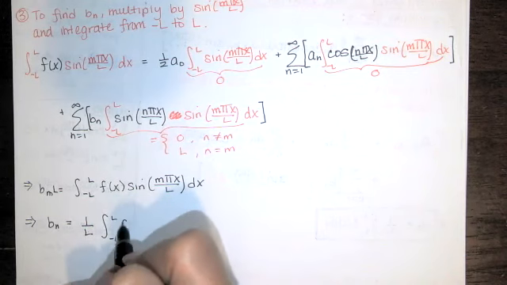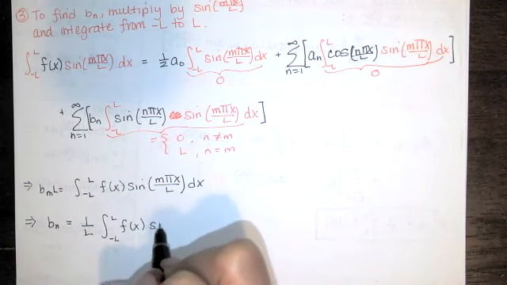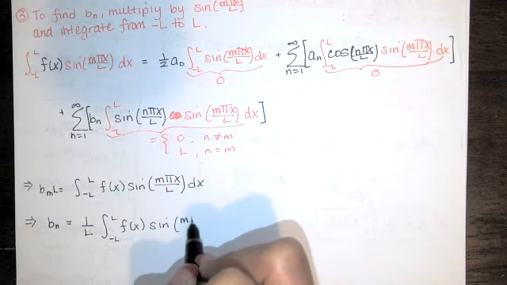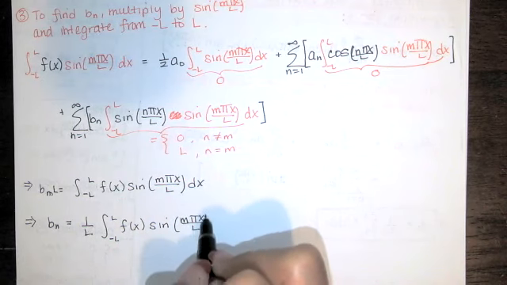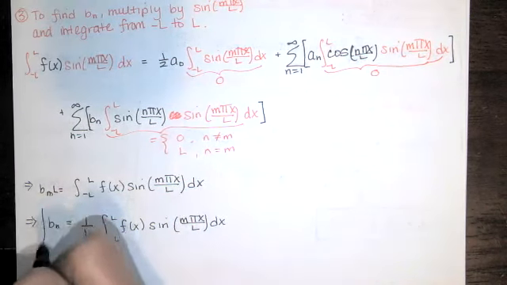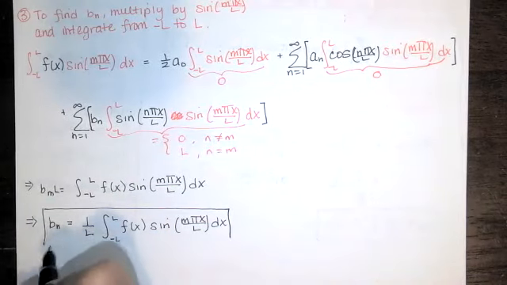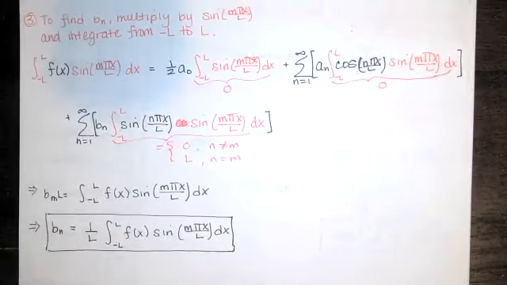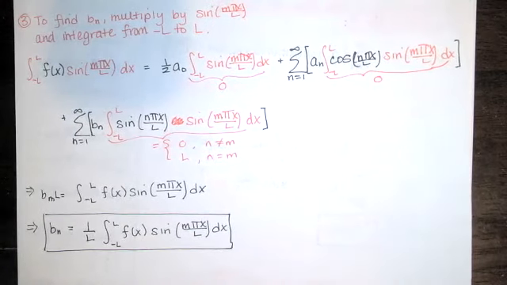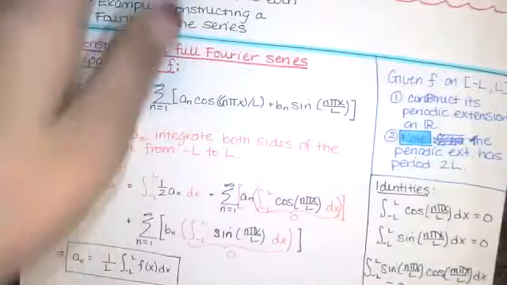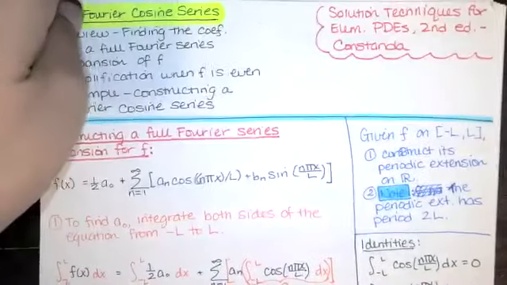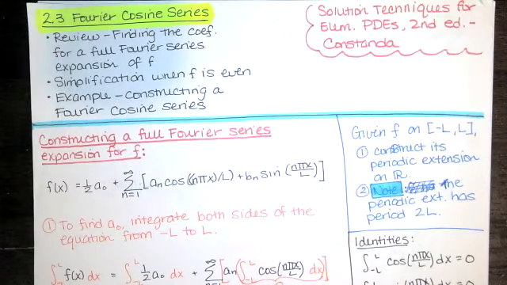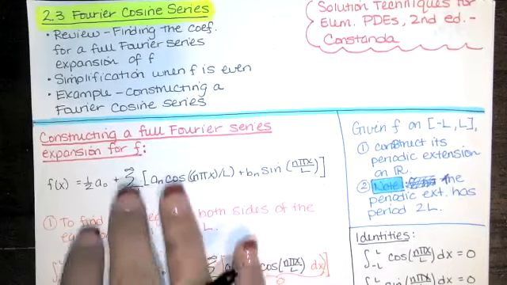And we get this. So we have this formula, and all of those were derived from first principles. Okay. So that's how we find the formulas for the coefficients of the full Fourier series for a particular function f.